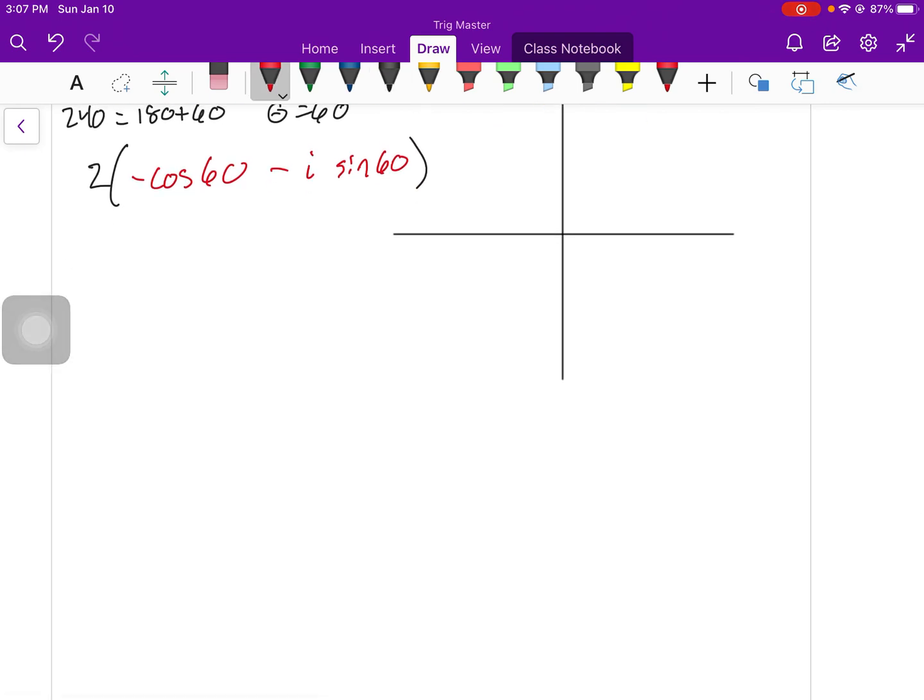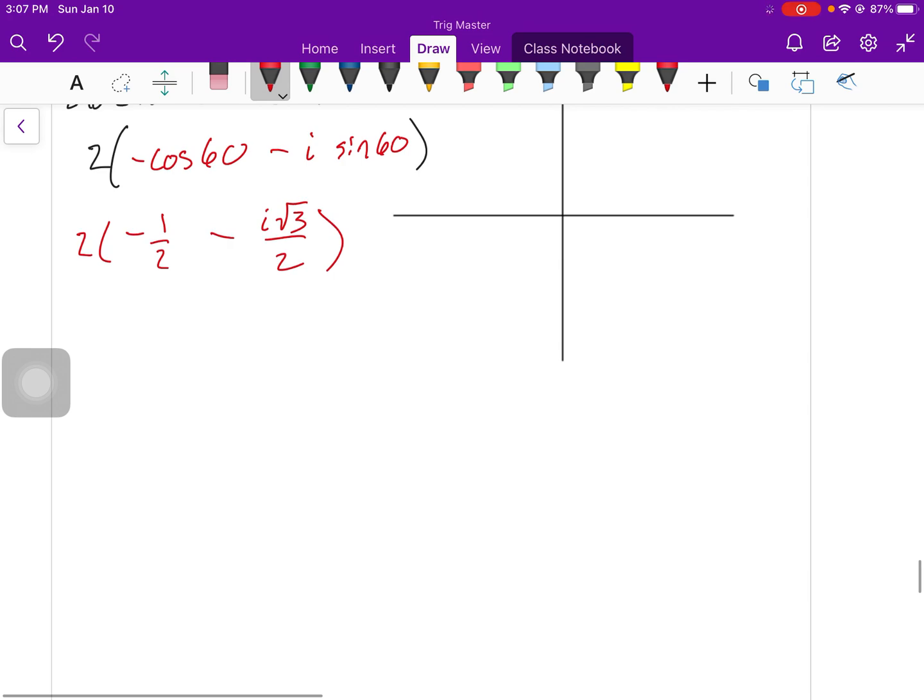All right, so now I have 2 times, well, cosine of 60 degrees is going to be 1/2. So I have negative 1/2 minus sine of 60 degrees is going to be square root of 3 over 2. So I have i square root of 3 over 2. Now if I multiply that stuff by 2, because I'm distributing, I'm going to get negative 1 minus, I'll put square root of 3 in front of the i. So I get negative 1 minus square root of 3 times i.